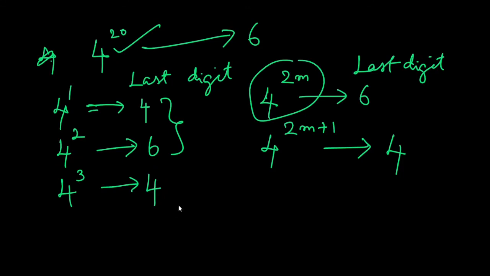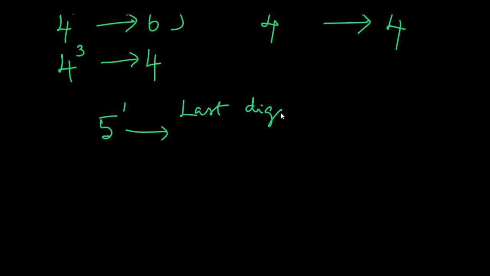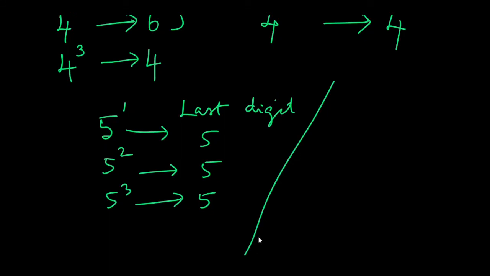In this way, for any numbers. For 5, 5 power 1, last digit is 5. 5 square, last digit is again 5. 5 cube, 5. For all the powers of 5, last digit is 5. For all the powers of 6, last digit is 6.